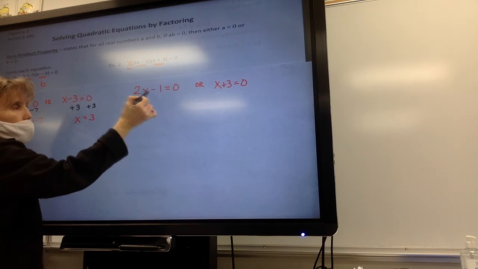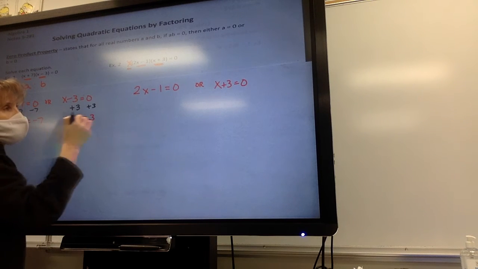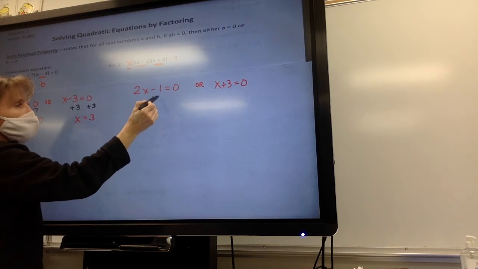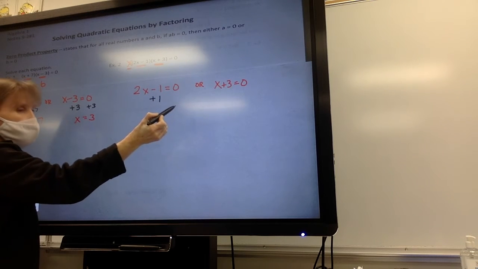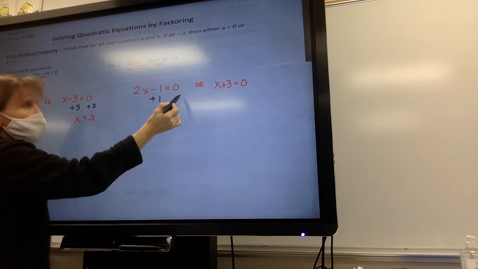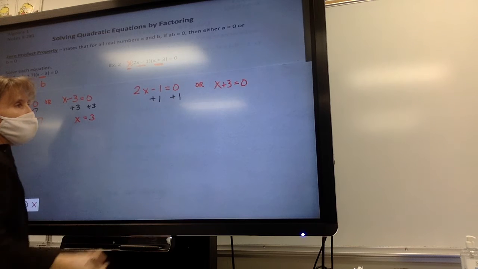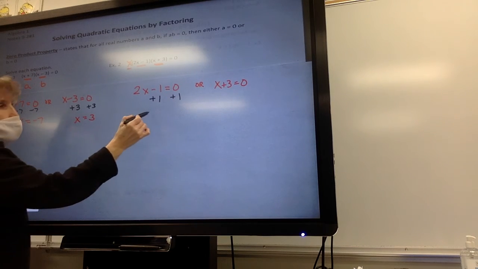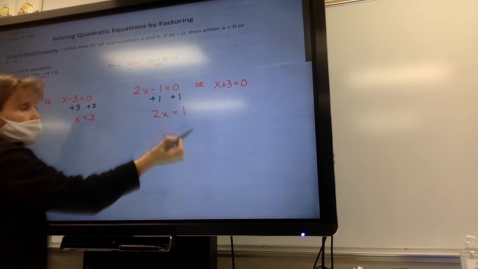So in this first one, how would you solve for x? You've got to undo addition or subtraction first. You go back to first semester when we solved equations. We undo the subtraction first by adding, then we divide. So 2x equals 1.